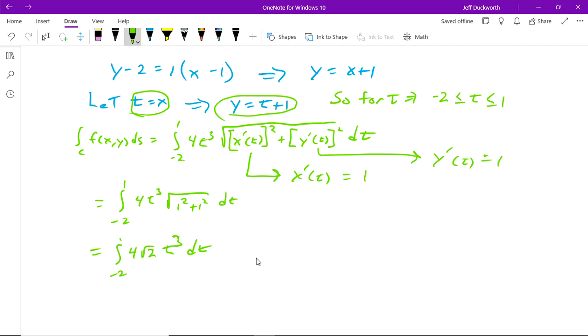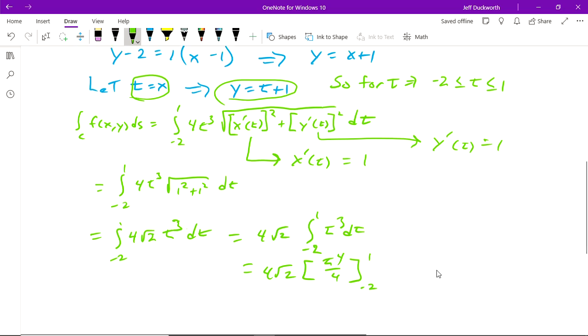All right, so now we just need to integrate. We can bring the 4 root 2 out. The integral of t cubed using the basic power formula is going to be t to the 4th over 4, all evaluated from -2 to 1.